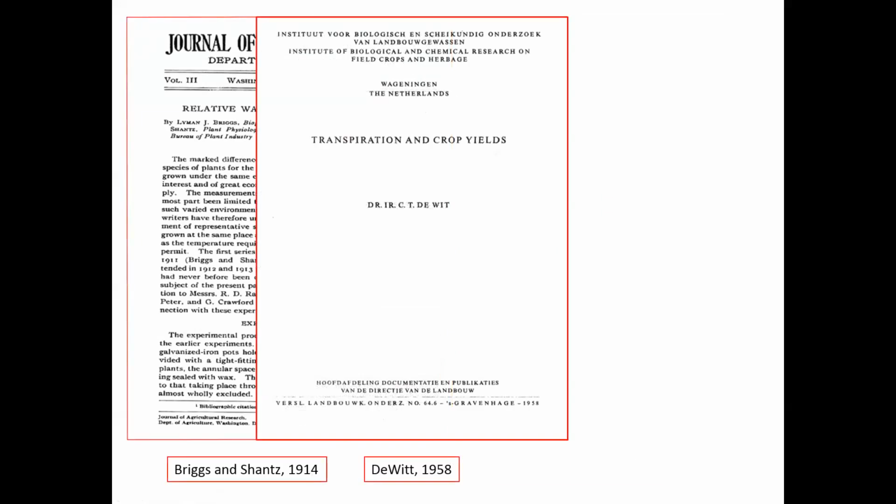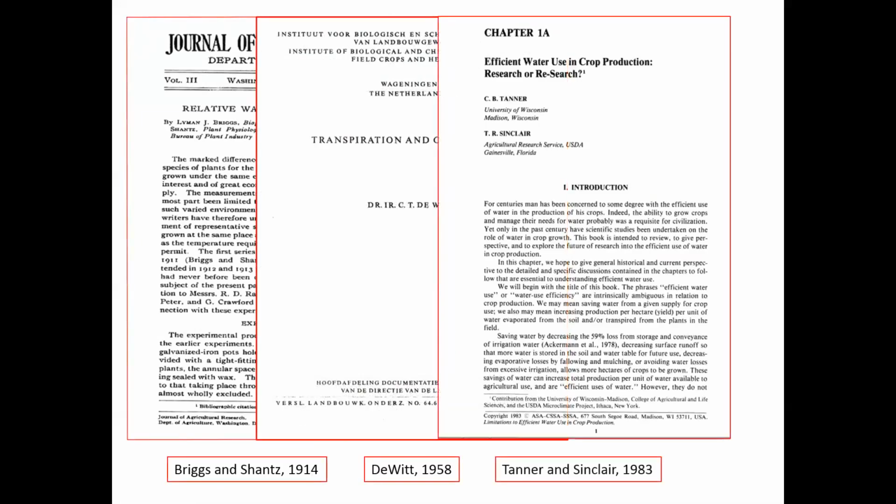And then following that, a review article that Tanner and Sinclair published in 1983 that really took a mechanistic look at the components of water use efficiency and what those actually mean physiologically. So first, let's look at Briggs and Shantz.